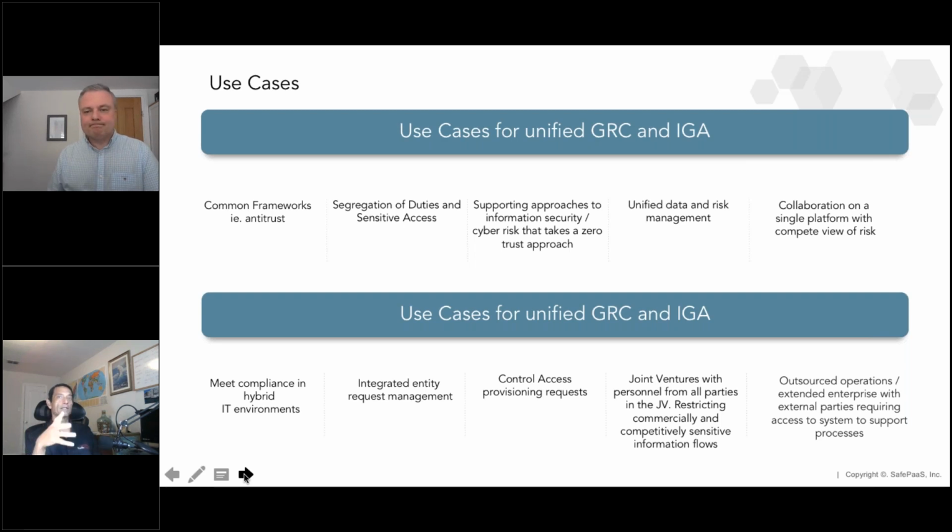And so it's one thing to design a control, it's another to verify the operating effectiveness of it. And to do that, SafePaaS will, for example, take that information from the GRC platform and generate the SOD policies that I just talked about.